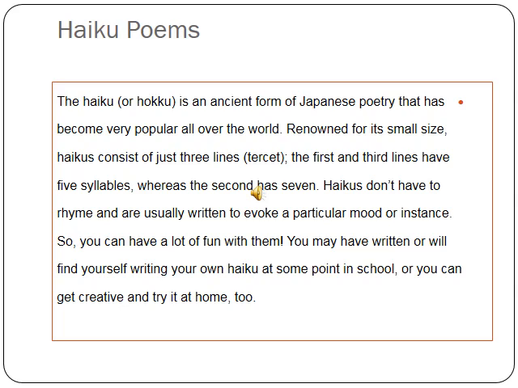We can draw a clear line to differentiate haiku from ode, ballad, and elegy by saying that haiku must include syllables. How? The first and third lines must have 5 syllables. The second has 7 syllables.